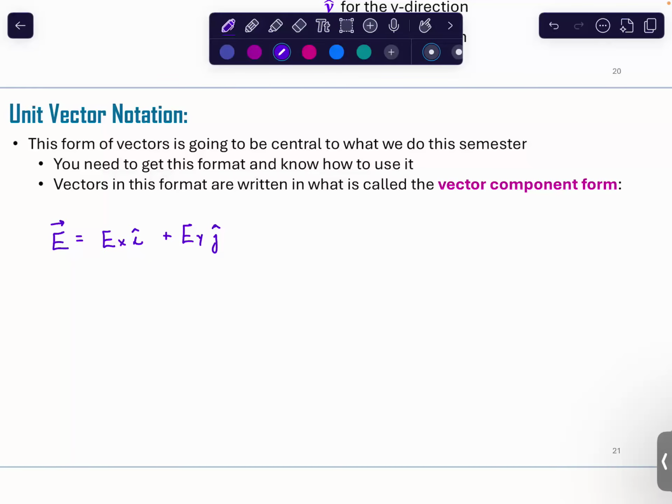Now, this can also be written so you can use the X hat and Y hat if you want to. I don't really care which one you choose. This is just your vector component form. How do you put these together? Like, let's say you have components EX and negative EY.